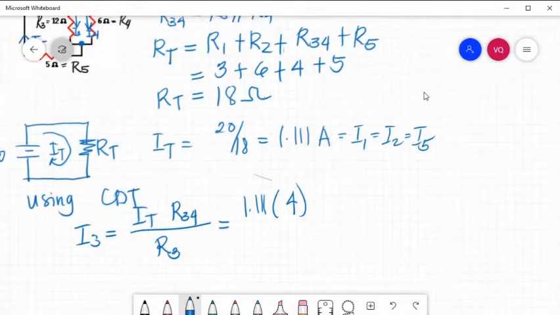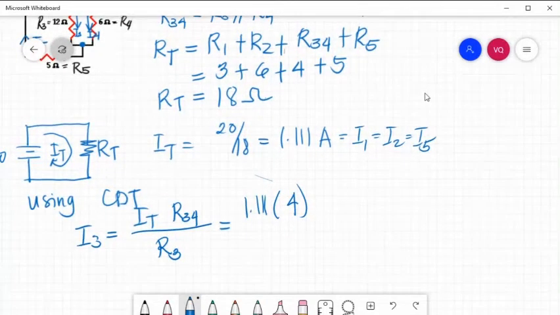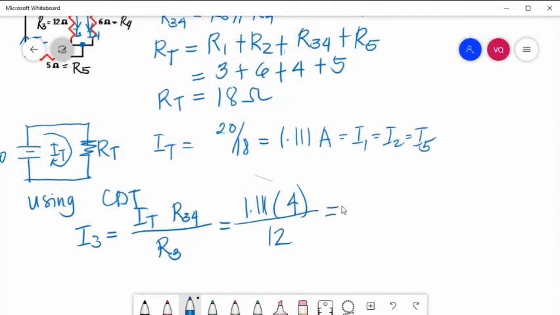So, R34 is 4. And R3 is 12. So that is equal to 0.370 amperes.